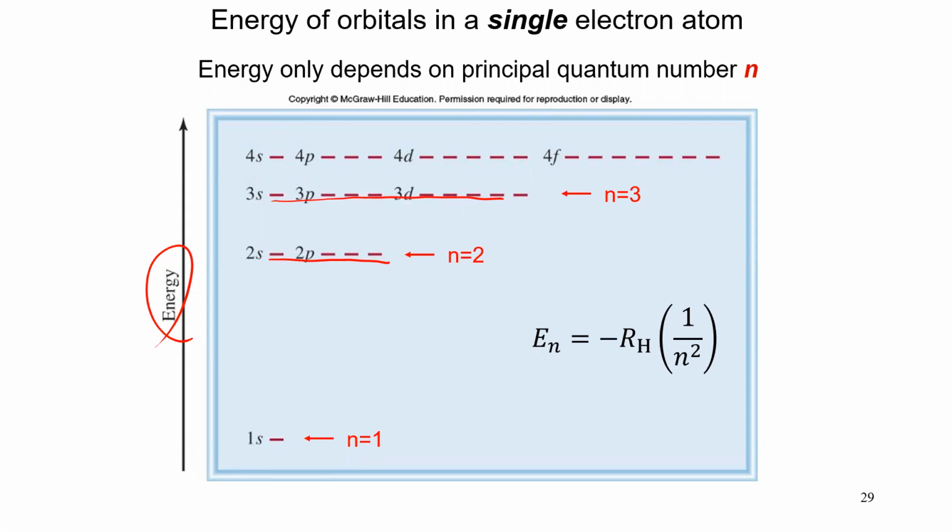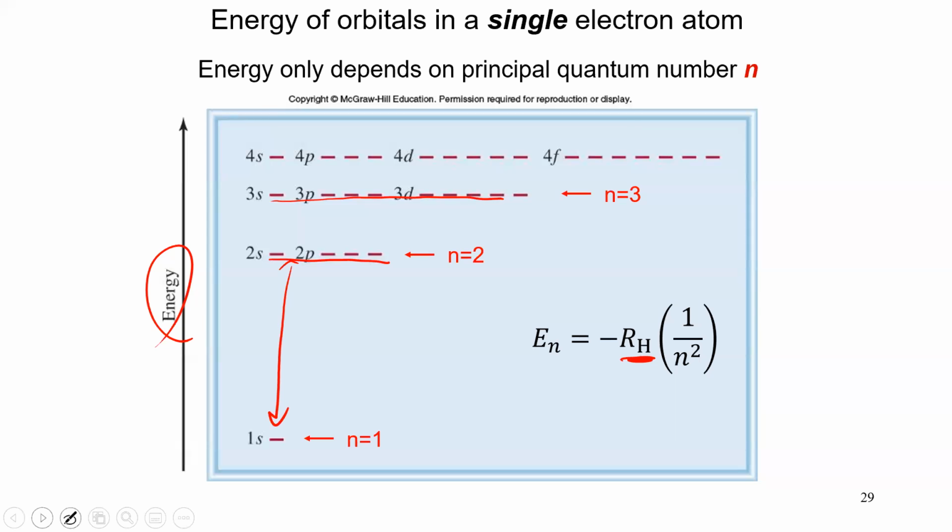And so this looks very similar to what we saw at the beginning of chapter 7 when we talked about that Rydberg equation and that Bohr model of the atom, where you have these discrete energy levels. And so that is still true. And this is the reason why that Rydberg equation works very well for hydrogen, because any electron at n equals 2 is going to be the same energy. And so going from n equals 2 to n equals 1 has a set amount of energy.